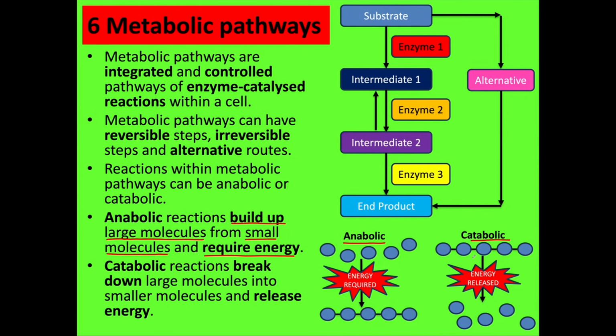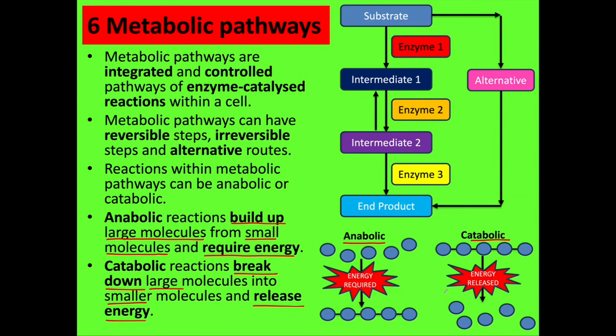Over this side here, we've got the catabolic reactions taking place. That involves the breakdown of our large molecules into smaller molecules, and this reaction releases energy. Okay, we can see that there, large molecule all chained together. It is broken down, it releases energy, and we get all these small molecules as products at the end. Okay, so you need to remember which of these reactions is which.